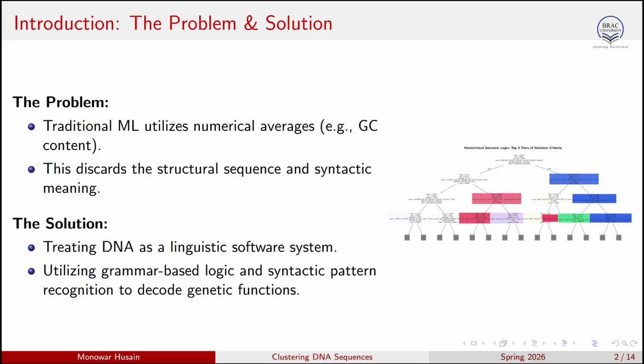If DNA is the source code of life, it has a grammar. On the slide, you can see the top-tier hierarchical genomic logic tree I built. By utilizing grammar-based logic and syntactic pattern recognition, my goal was to decode genetic function much more effectively and far cheaper than traditional biological alignment tools.